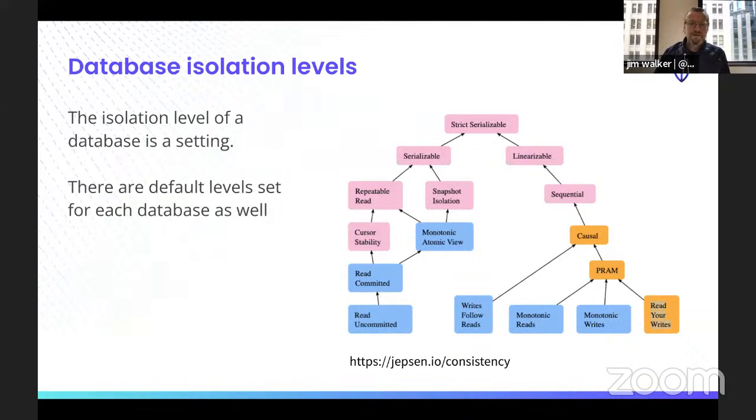This is a chart that shows the consistency that's guaranteed, from the bottom up, with the lowest at the bottom, from read committed to some of the highest, and strict serializable at the highest level of isolation, where you are guaranteeing correctness. We focused a lot of our time here on serializable, honestly. So that's the baseline of isolation levels.